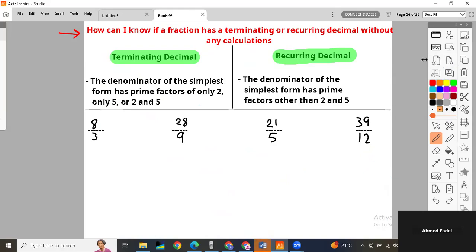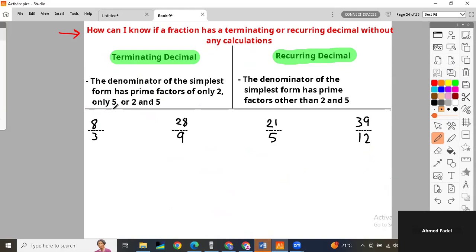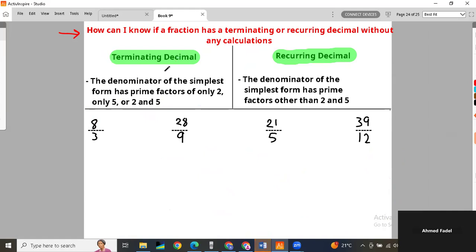Well, there is a trick, or a test, that you must use. What is it? If it has a terminating decimal, then the denominator of the simplest form has prime factors of only 2, only 5, or 2 and 5. What does this mean?